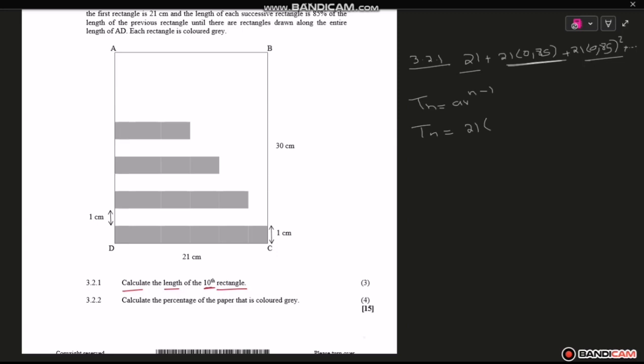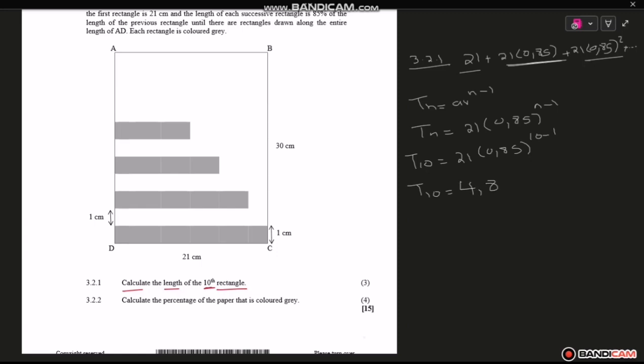Therefore, the value of a is 21, then r is 0.85, as you can see, to the power n minus 1. Where there's n, you substitute that value, 10. Remember, 21 times 0.85 to the power 10 minus 1. Then for our answer, you just punch your calculator. Let me just use mine here so that we have the correct answer.